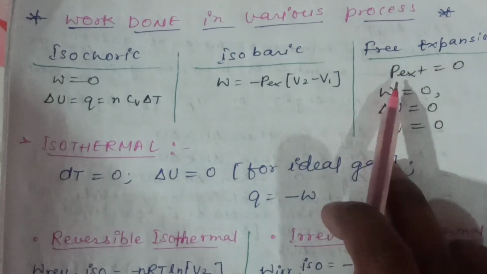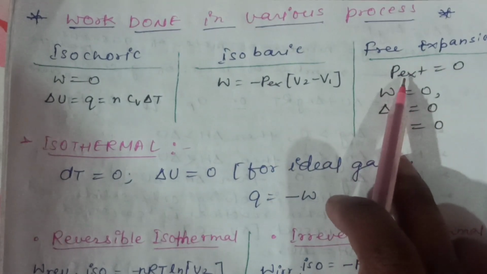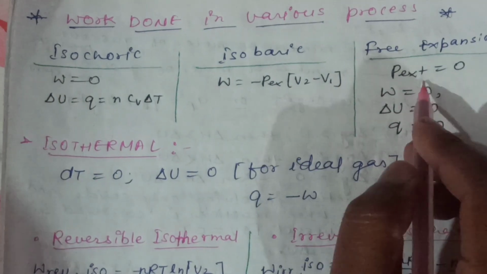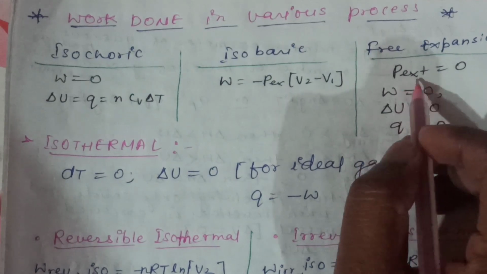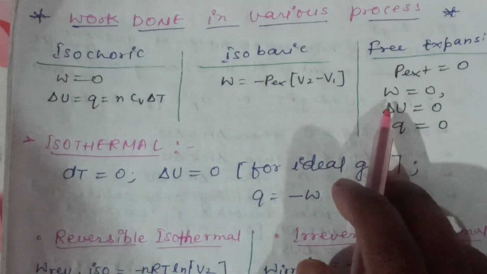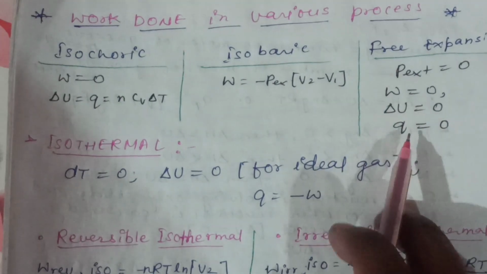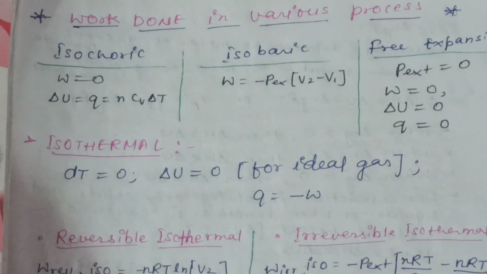Free expansion: P external is equal to 0, W is equal to 0, del U is equal to 0, Q is equal to 0.